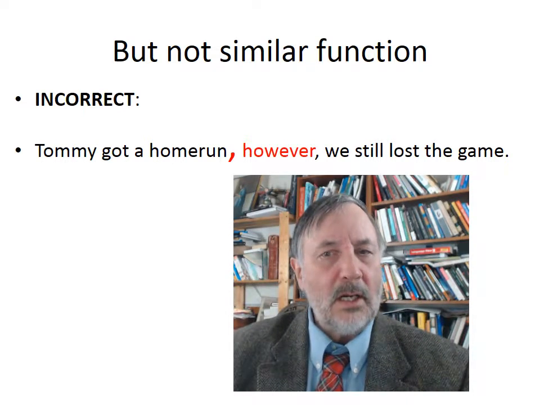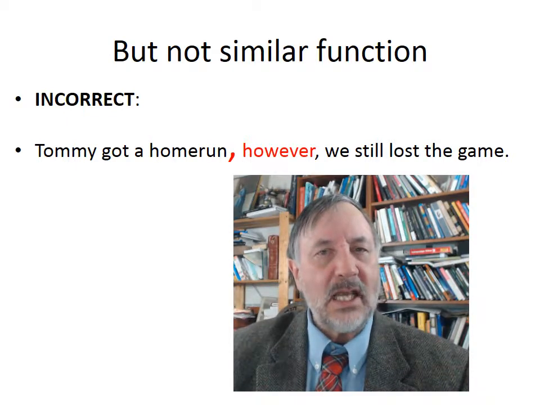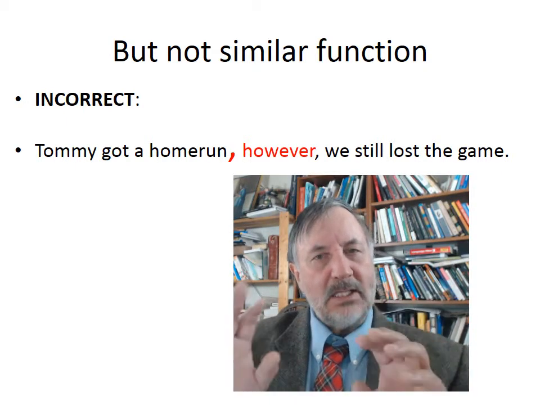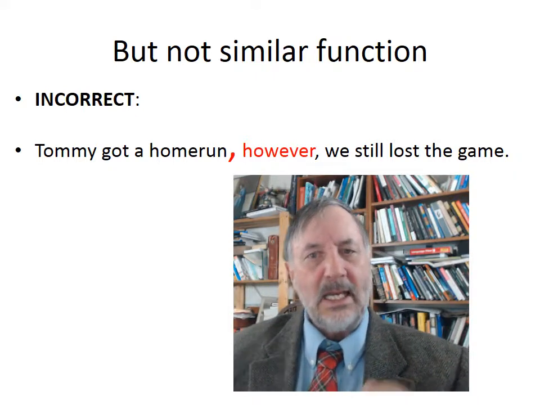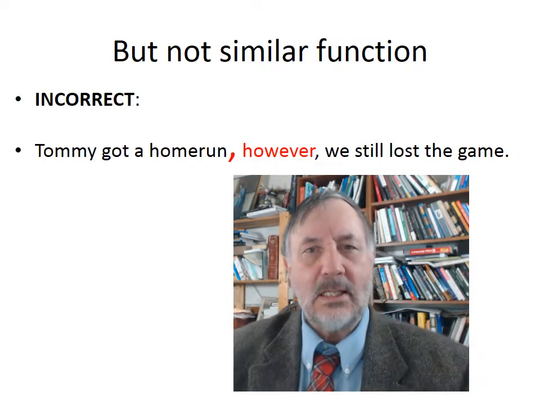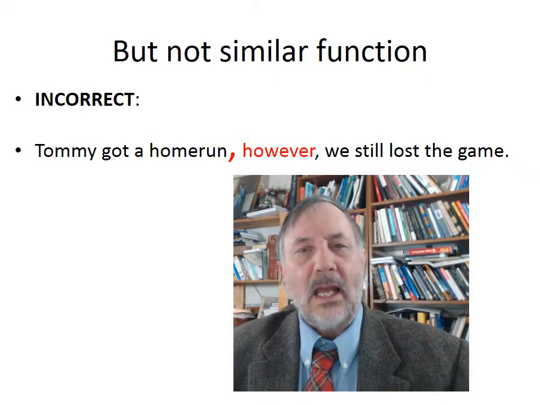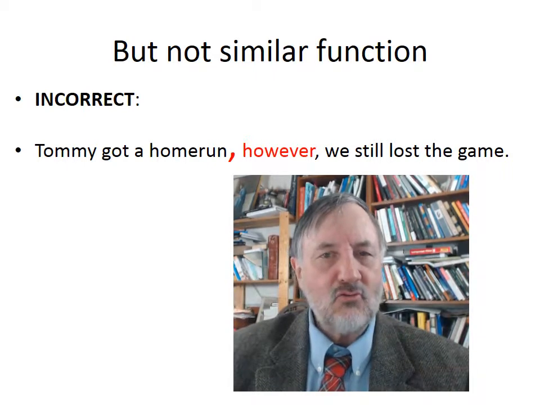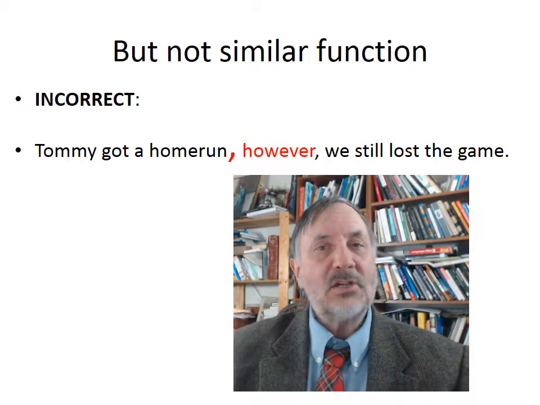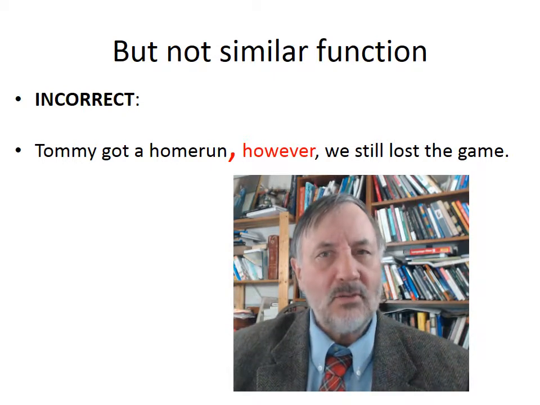Tommy got a home run, comma, however, he still lost the game. So notice the comma places the second clause in the same sentence as the first clause, but we're using the however as if it were a conjunction. It's not. This is incorrect. This is wrong. Okay. And in the next slide, I'll explain why and how it is wrong.